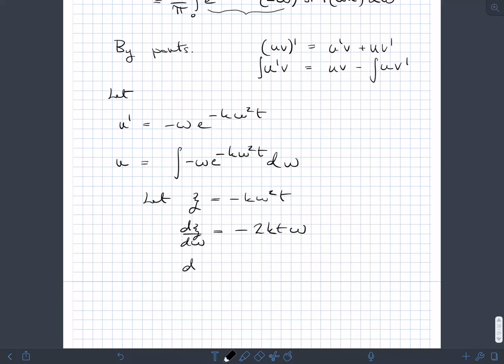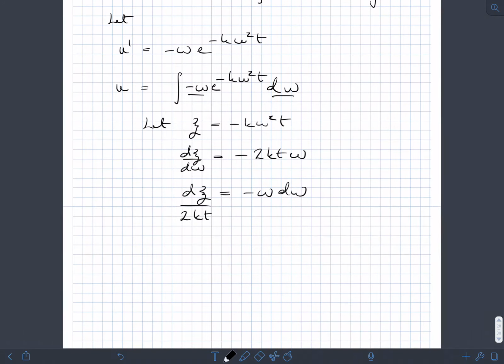So d psi is equal to, all that stuff is going to come down, so I'm going to have 2kt, and then I'm going to have negative omega d omega. So it's kind of looked after the negative sign there. Cool, I can make that substitution. These two guys are going to go.